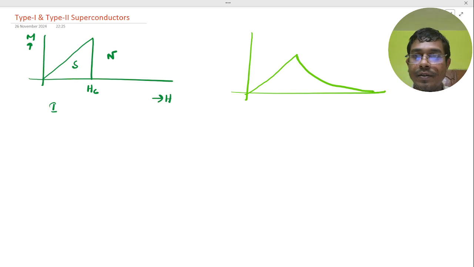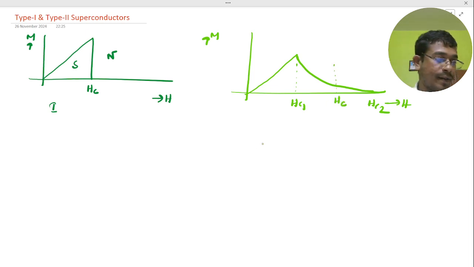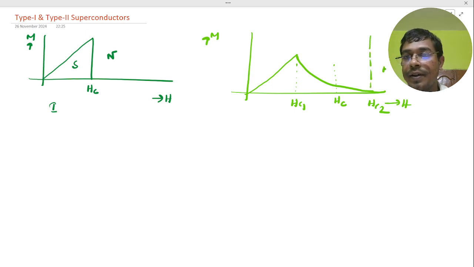So basically this one is the H and this would be the M, and this would be HC1 and HC2. This one is HC, that is the normal region. Here this is the normal region, and this would be the vortex region.